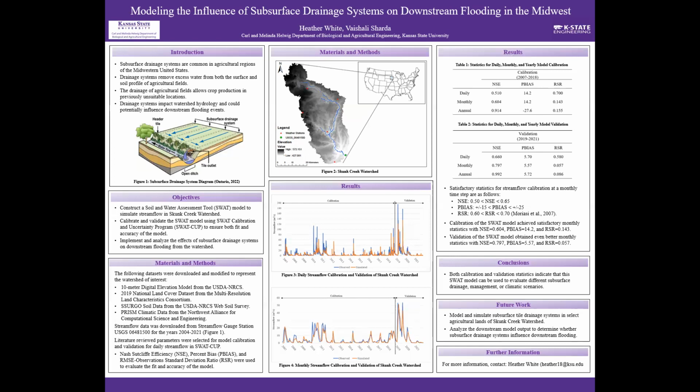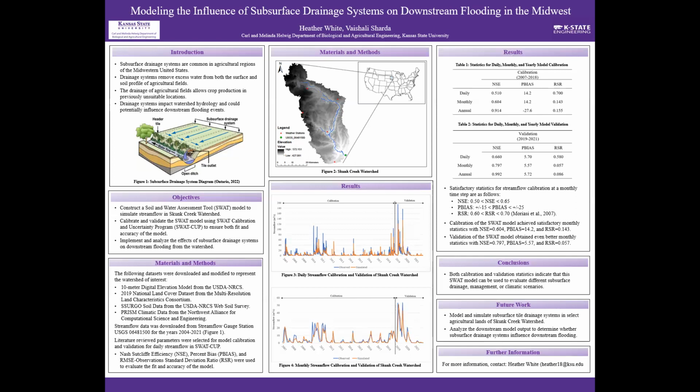Statistically, model calibration and validation both achieved satisfactory streamflow monthly statistics according to Moriasi. For example, calibration achieved a Nash-Sutcliffe efficiency of 0.604, a percent bias of 14.2, and an RMSE-standard deviation ratio of 0.143.